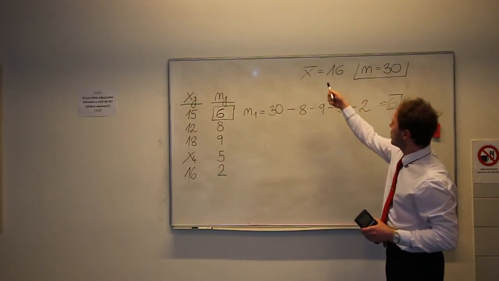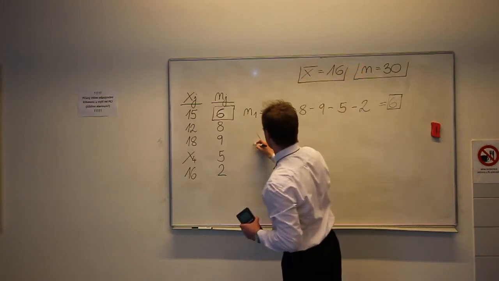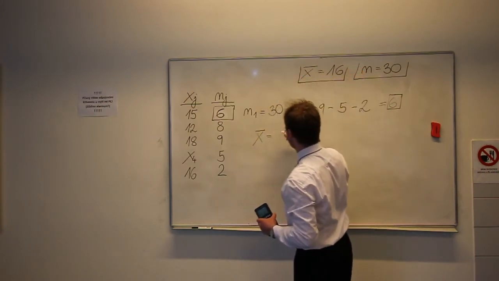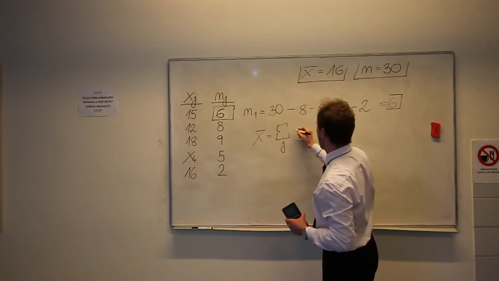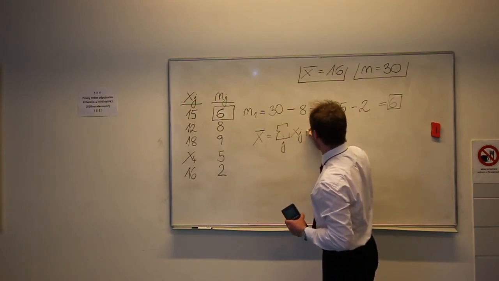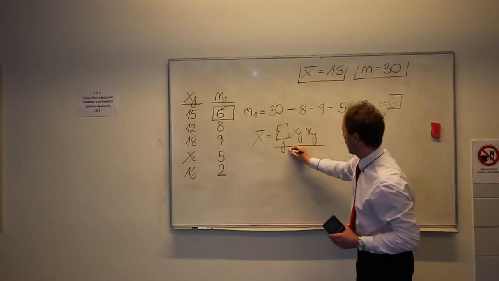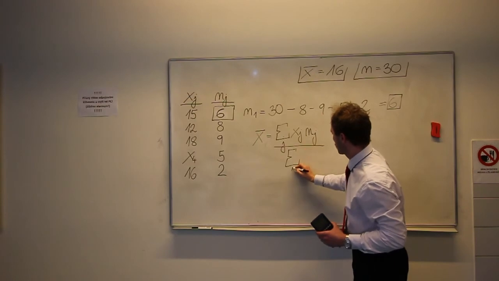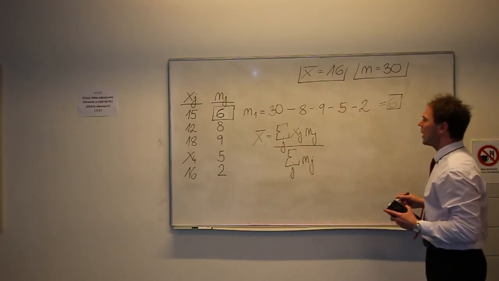And now, we know that this mean was calculated as x with stripe equal to summation through all j, xj nj, divided by summation through all j, nj.